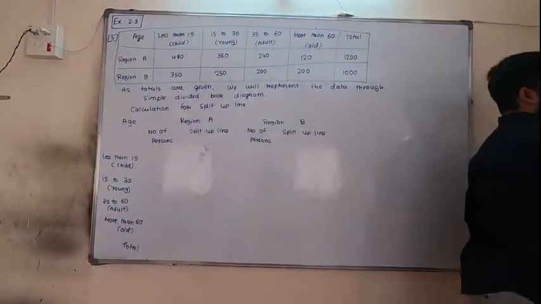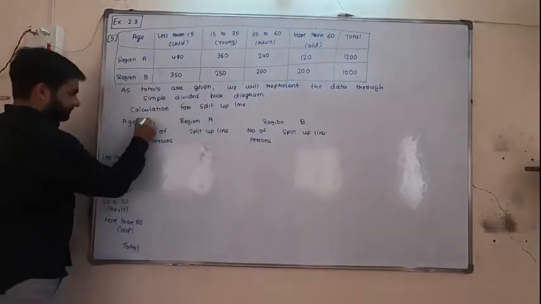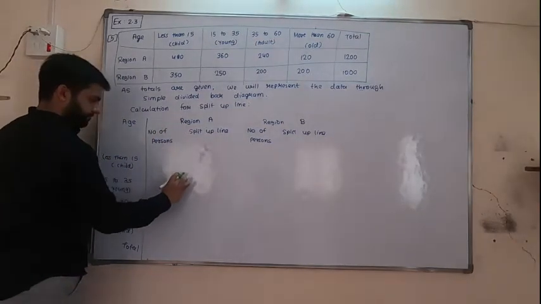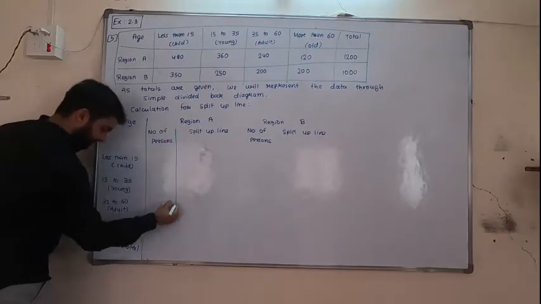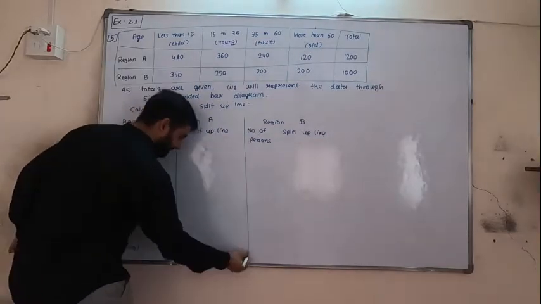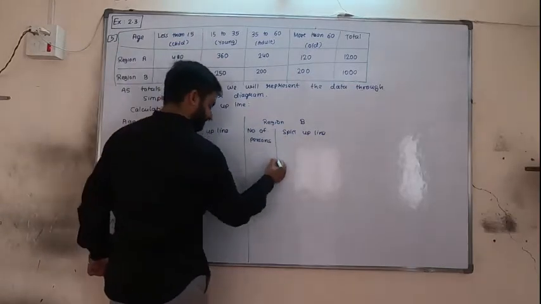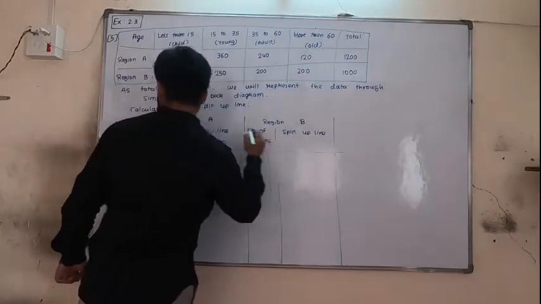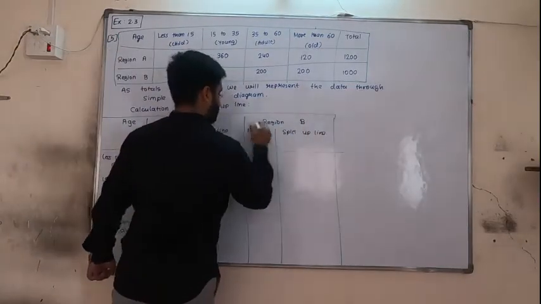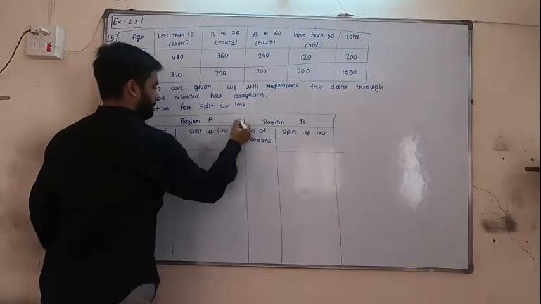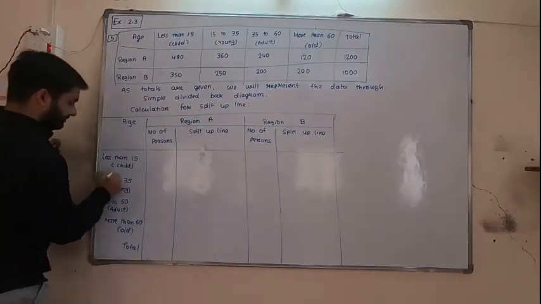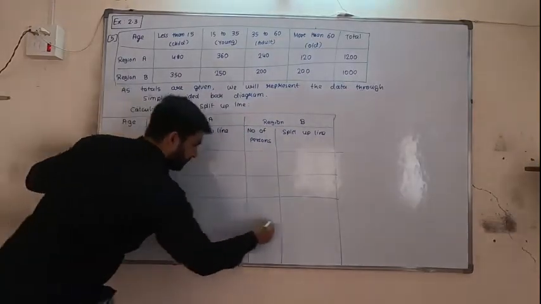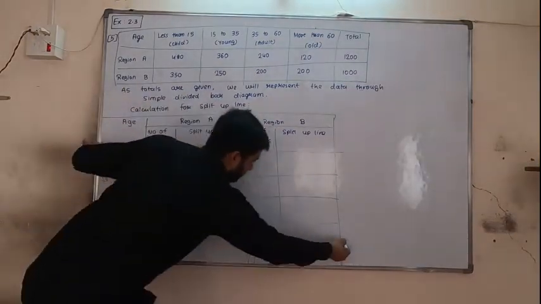Now I will draw the lines. Here we require more space. So these are the lines required. Horizontal lines also. Okay.